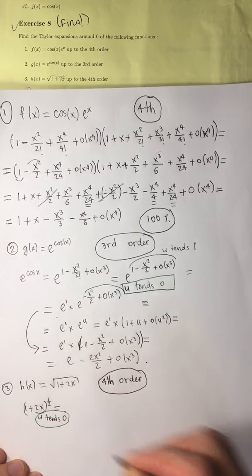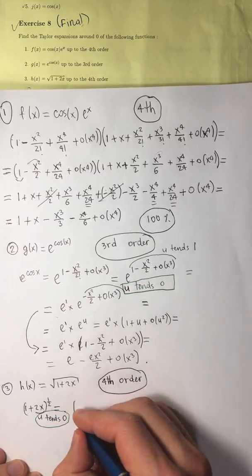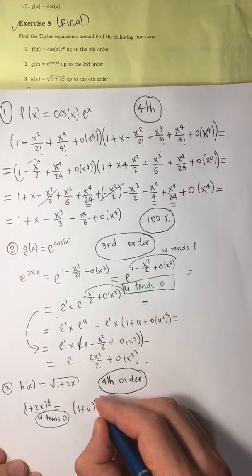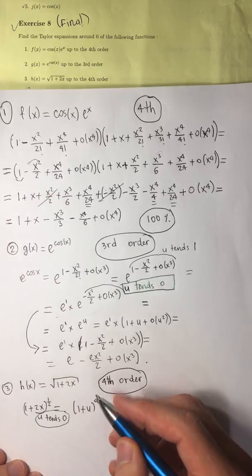It's very, very important. And now as a formula you have (1 plus u) to the a, and 1 over 2 is equal to a, let's say.